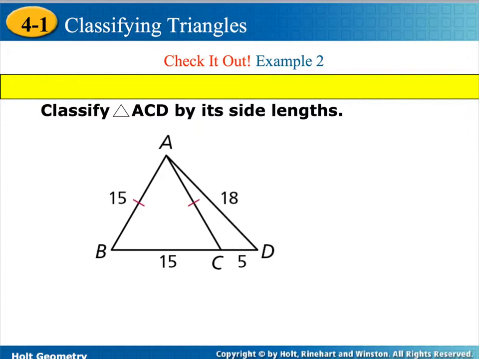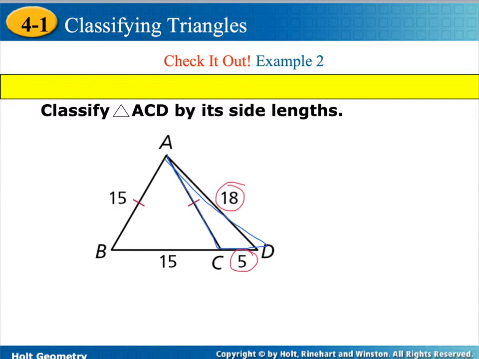Okay, now we're looking at triangle ACD. Measure this one by its side lengths again. As you're looking at this, you know what AD is. AD is 18. We know what CD is, it has a measure of 5. But we don't know what AC is right off the bat. It doesn't give us that measure.